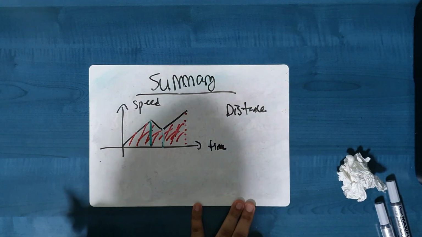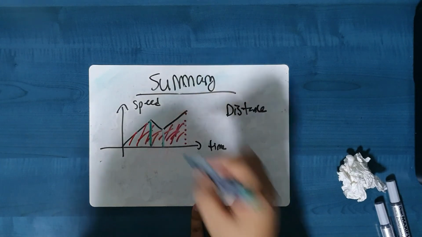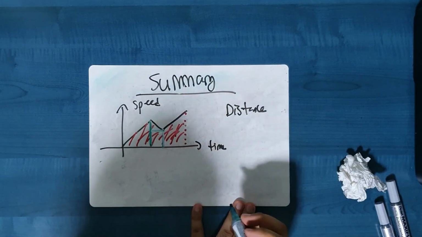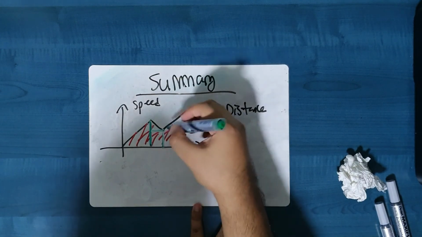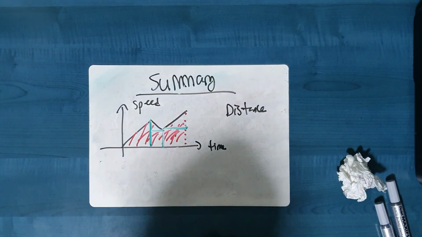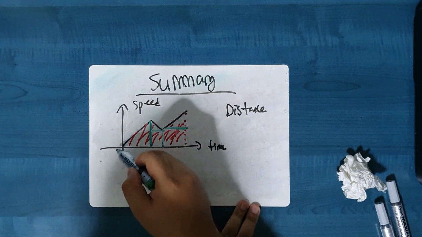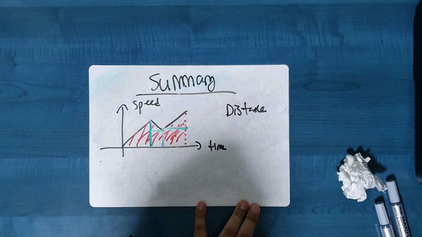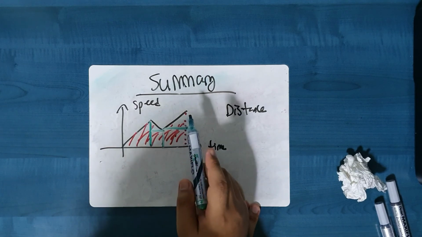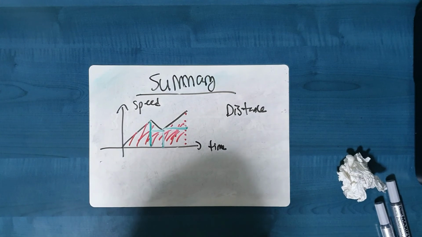But if you forgot how to find the area of a trapezium, then I can break the trapezium into a triangle and a rectangle. For this trapezium, I can break it up into a triangle and a rectangle. So, distance is the area under a speed time graph. And if the area is something that you cannot compute at once, break it up into shapes that you recognize.